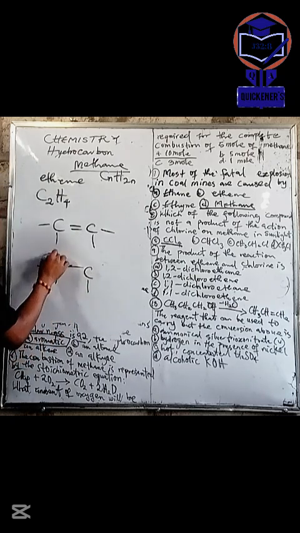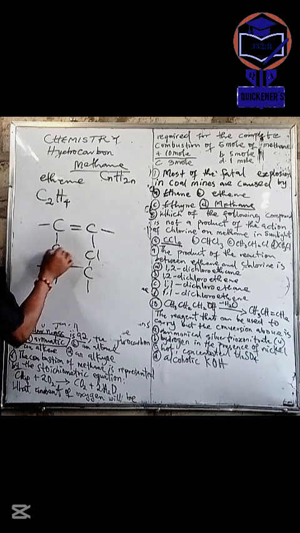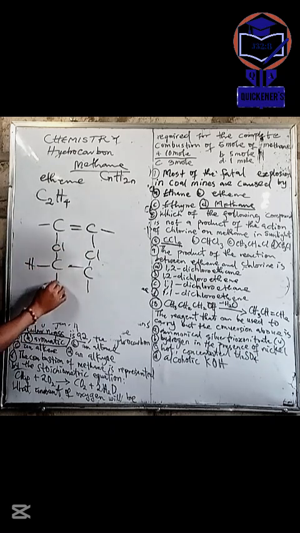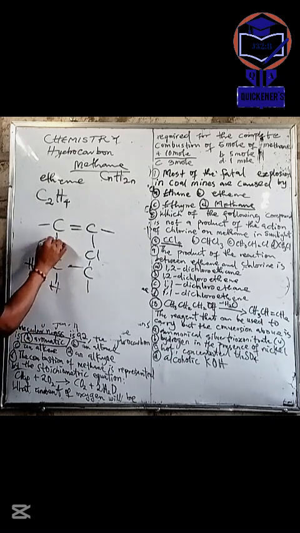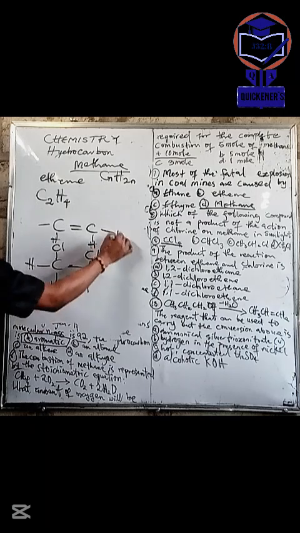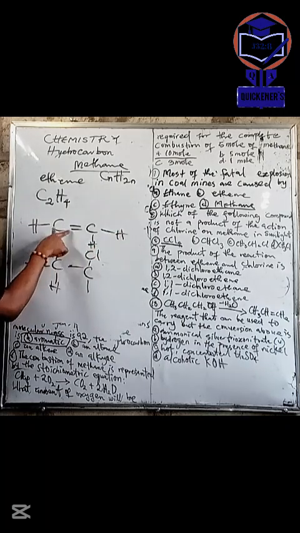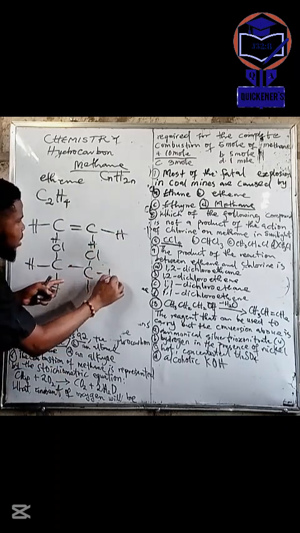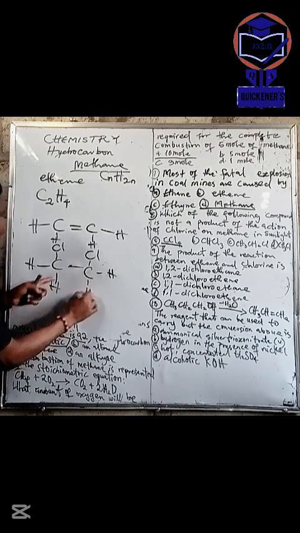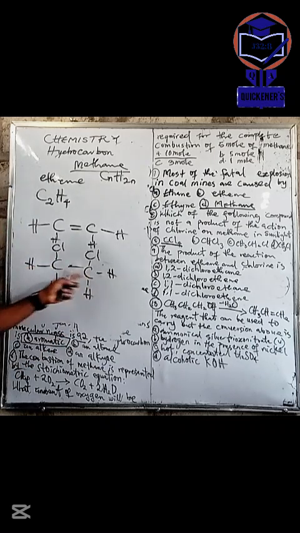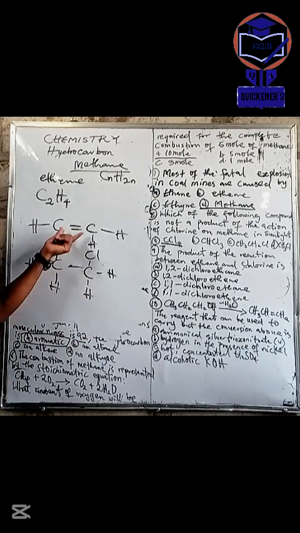If it is chlorine, you have chlorine here and chlorine there. This other place is hydrogen, and this other place is hydrogen. So this double bond will split like this and form a saturated compound.